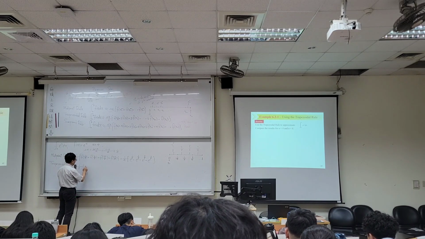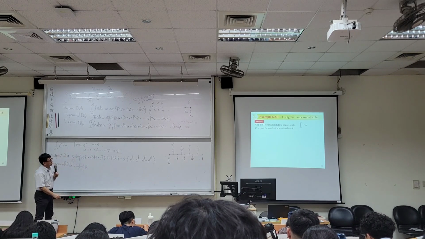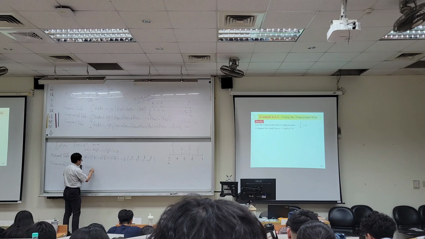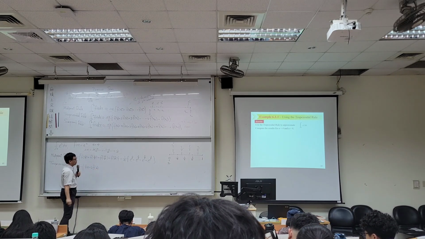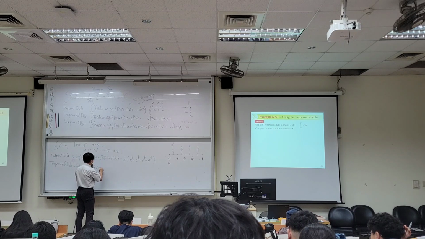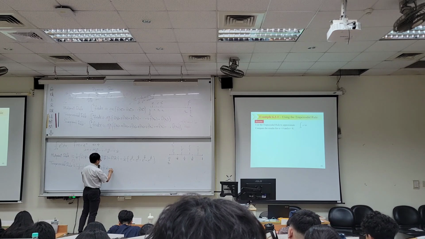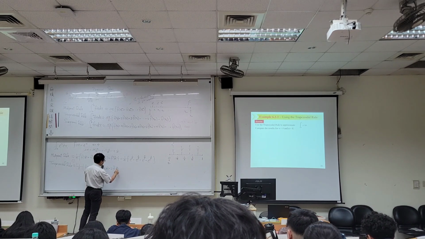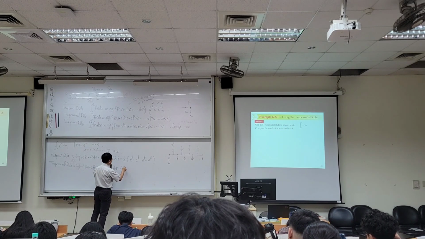And I have f0 plus 2 multiplied by f of 1 quarter plus 2 multiplied by f of 1 half plus 2 multiplied by f of 3 quarter plus f of 1.